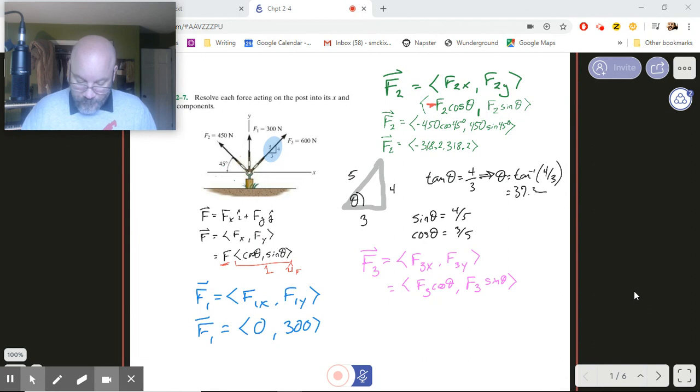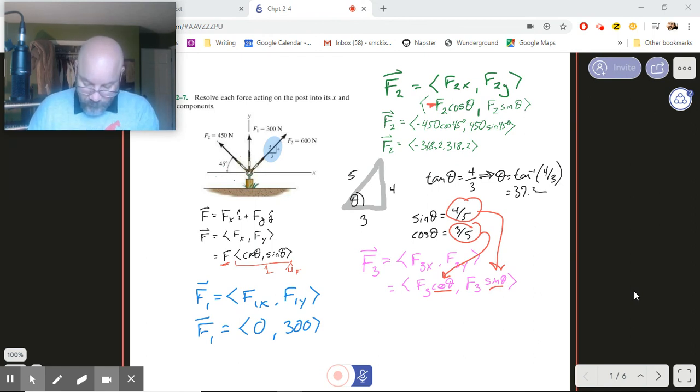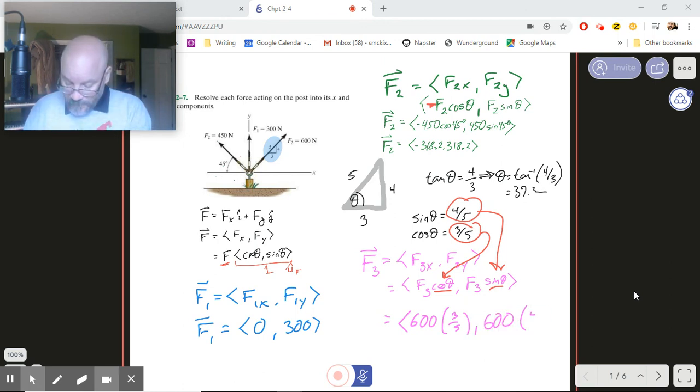Then I can dump the values in. Like I said, I don't ever have to know what the value of theta is. F3 happens to be 600. So we're looking at 600 times cosine of theta, which is 3/5, and then 600 times the sine of it, which is 4/5.